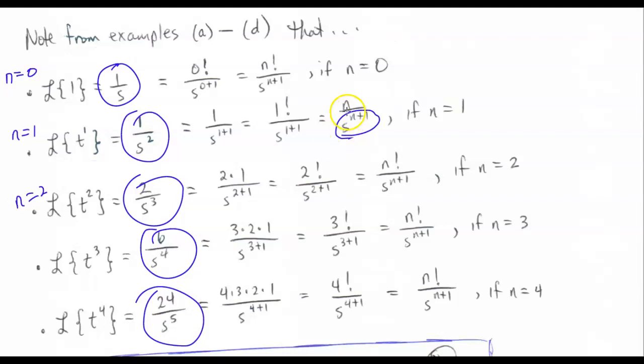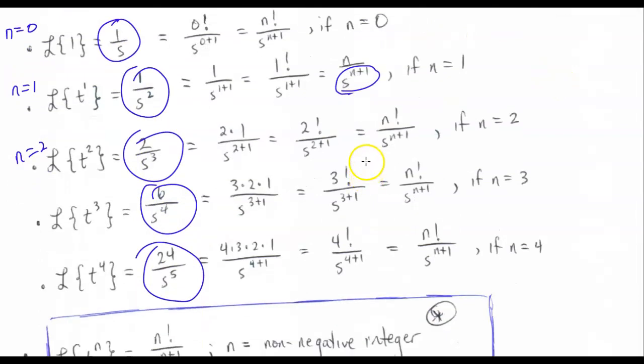We know 0 factorial is defined to be 1, 1 factorial is defined to be 1, 2 factorial is 2, 3 factorial is 6, 4 factorial is 24. If you've forgotten what a factorial is, 4 factorial is just 4 times 3 times 2 times 1. And 5 factorial will be 5 times 4 times 3 times 2 times 1.